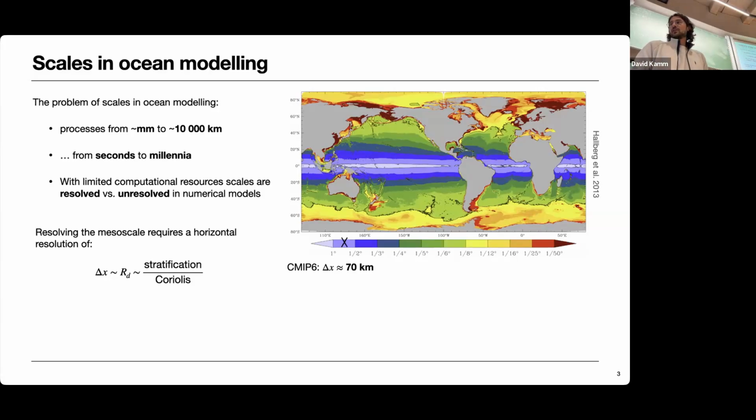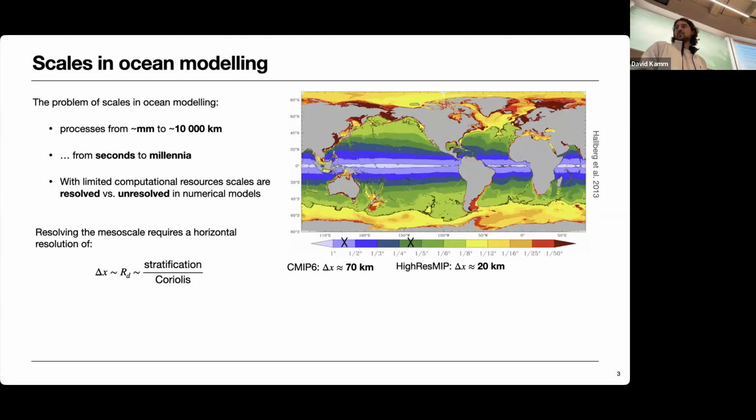To give you some context, the last CMIP exercise informing the IPCC report, the CMIP6 models, had an average horizontal grid size of 70 kilometers, which is in this regime where eddies are not resolved explicitly almost anywhere. And for the first time, they moved into this phase of the high resolution model intercomparison project, where they moved to a horizontal grid spacing with an average of 20 kilometers.